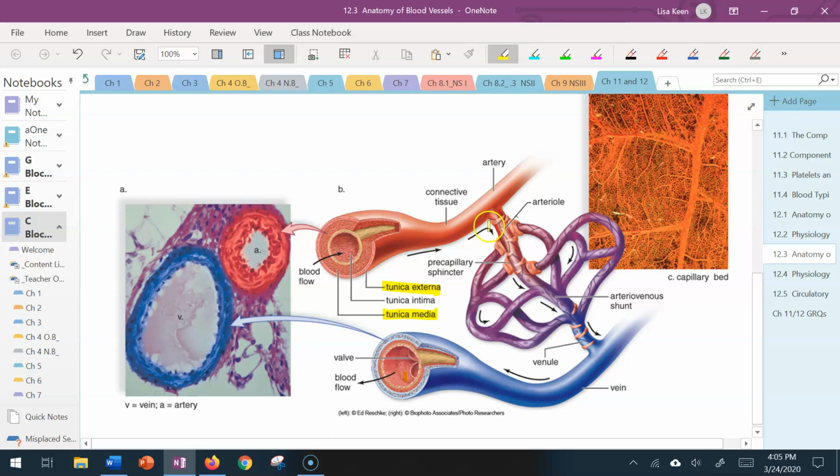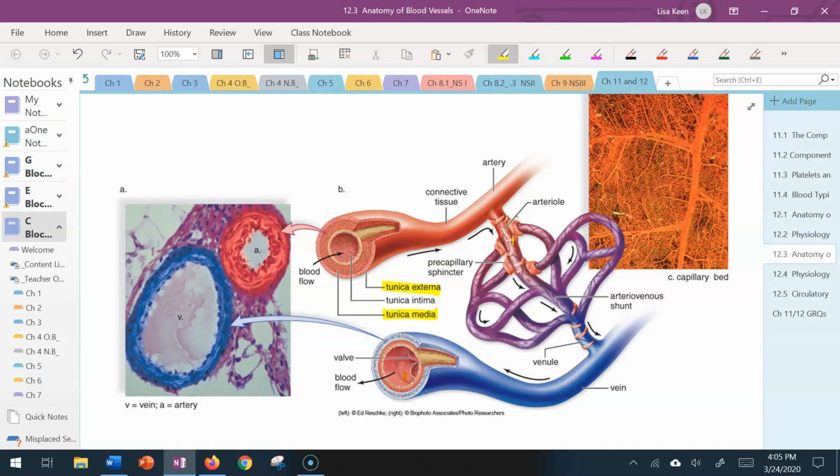And so when you think of rest and digest as controlled by the autonomic nervous system, as you're digesting and opening up these sphincters to increase blood flow around your digestive organs, you're probably going to close them off at the muscles because you're resting while you're digesting.